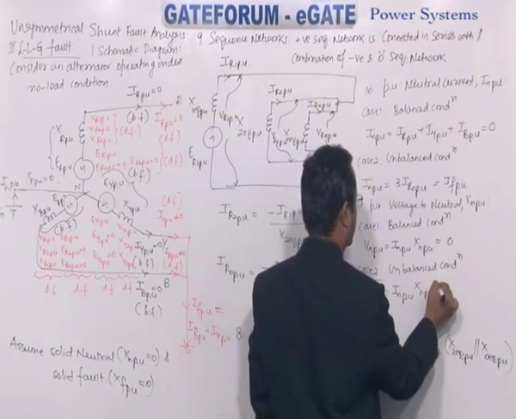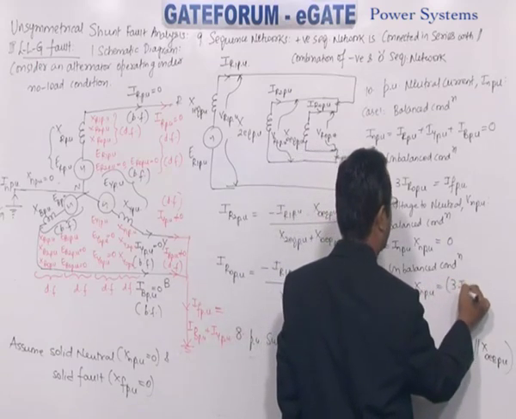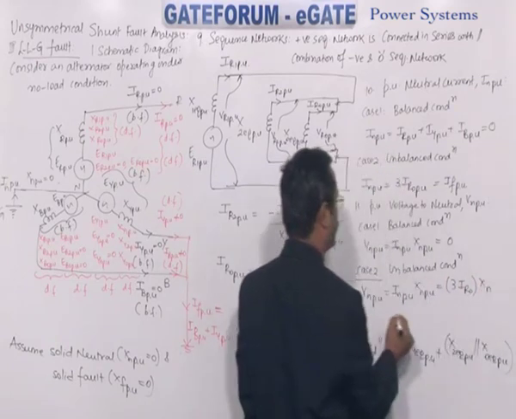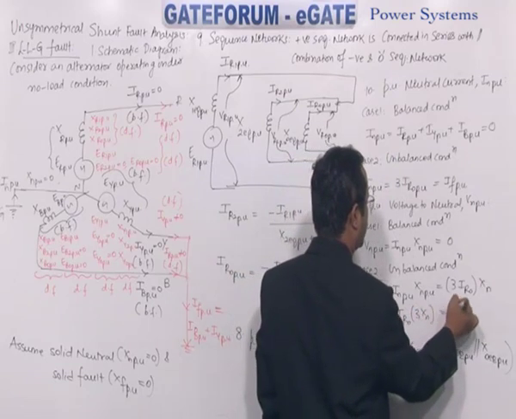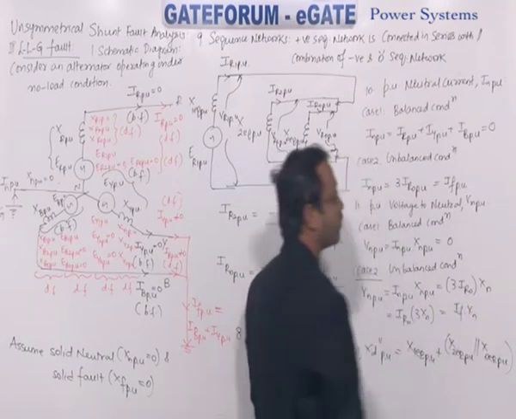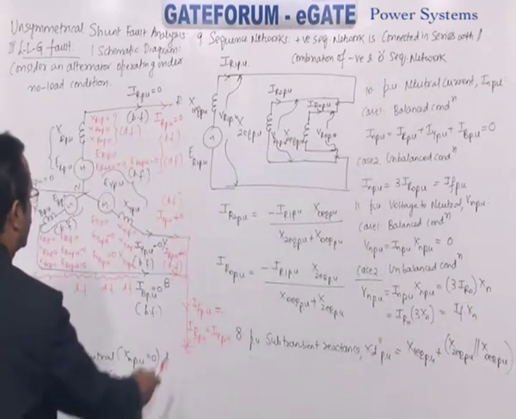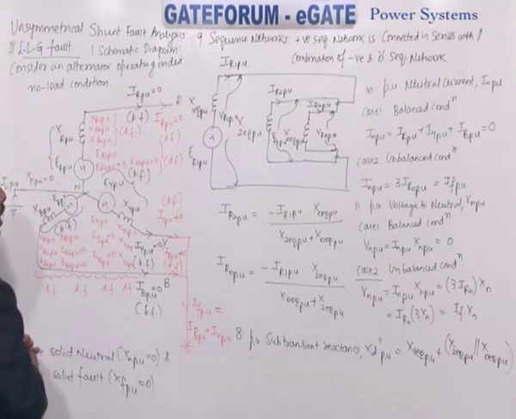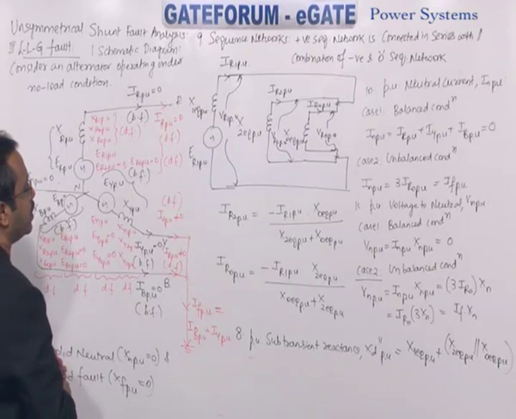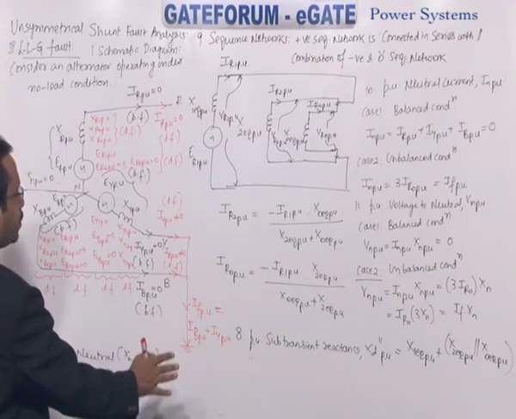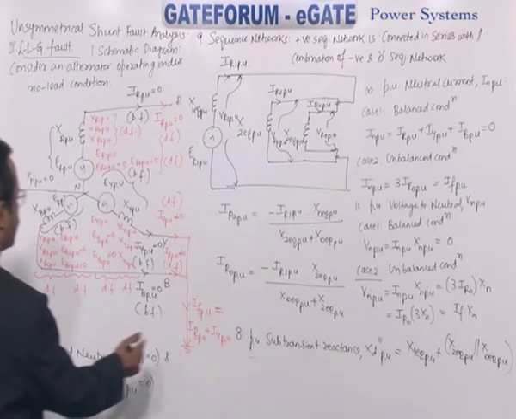In into Xn. And how much is In for unbalanced conditions? 3 times IR naught. Are you right? IR naught into 3Xn. But 3 IR naught is nothing but IF. So you can observe here, physically these are two separate ground points, but electrically they operate at the same potential.